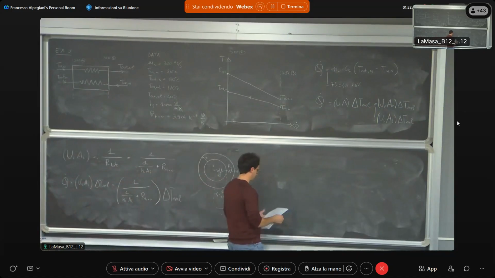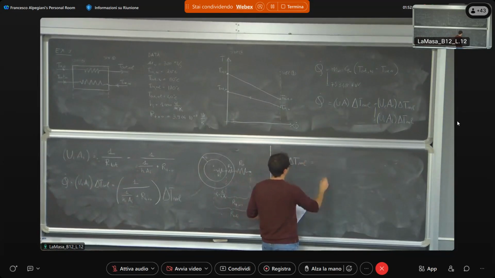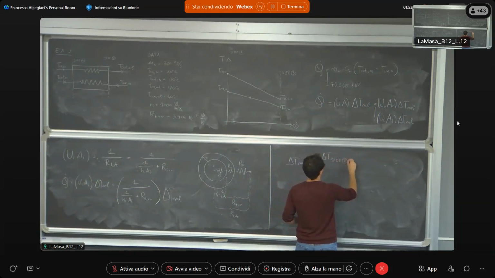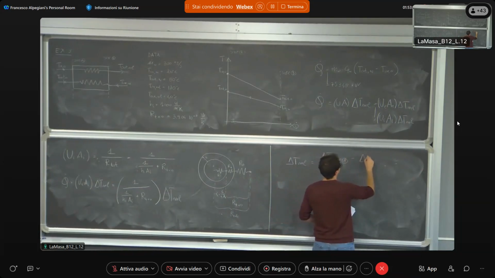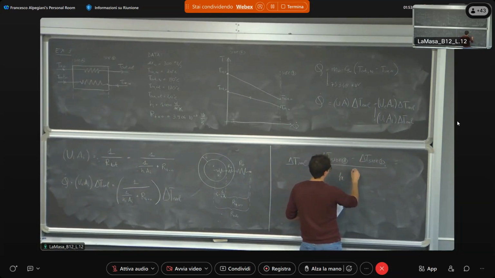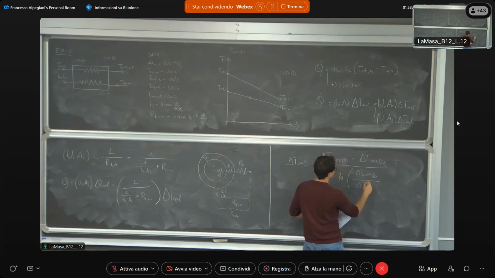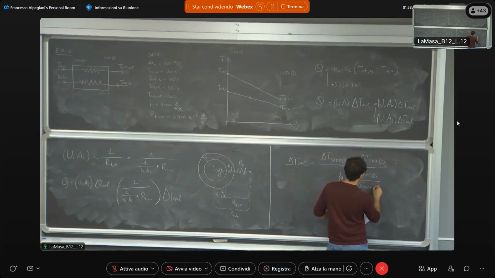The delta T_ML can be evaluated as the delta T on side A minus the delta T that we have on side B of the heat exchanger, all divided by the logarithm of the delta T on side A divided by the delta T on side B of the heat exchanger.